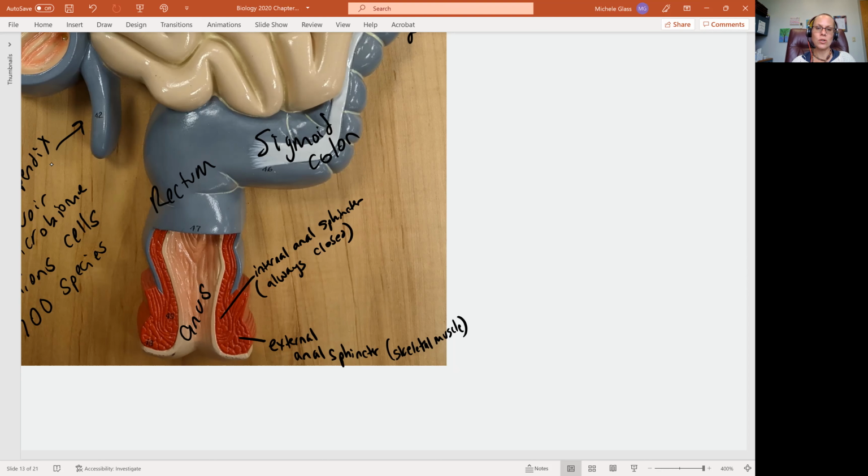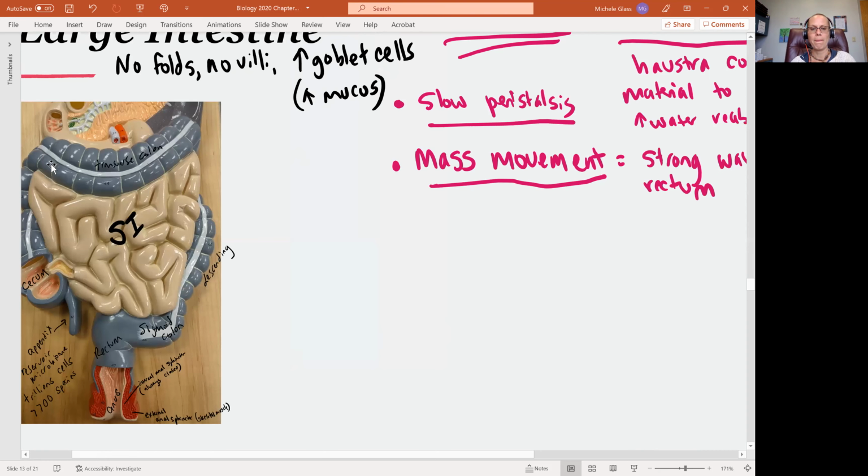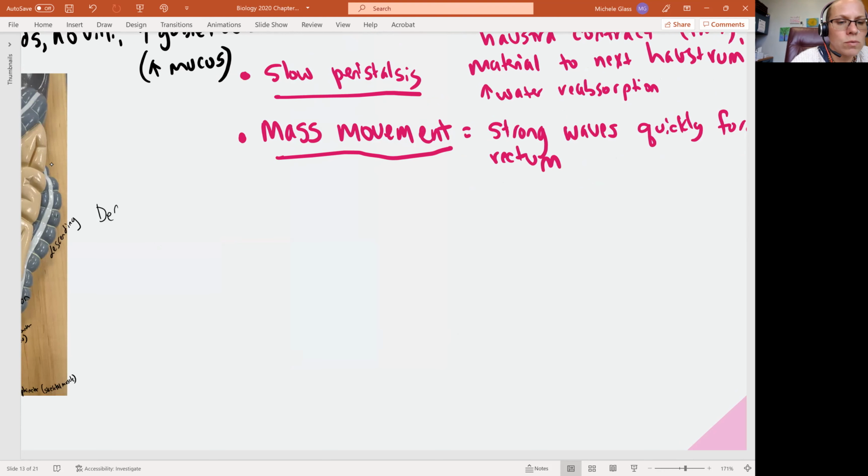So the internal anal sphincter is like standard operating procedure closed, and that's an unconsciously controlled muscle. And then the external anal sphincter is the one that is consciously being controlled as a part of the defecation response. So let us map out what's happening in the defecation reflex.